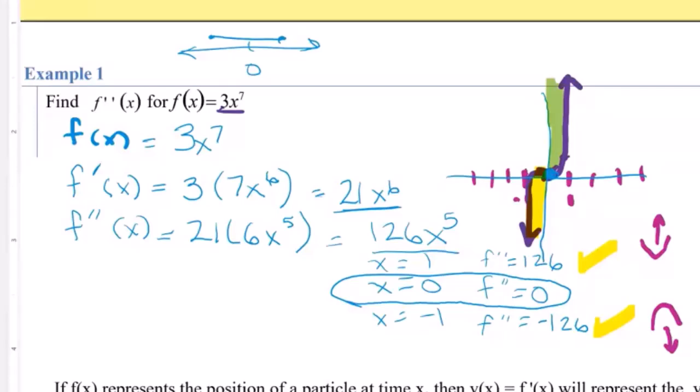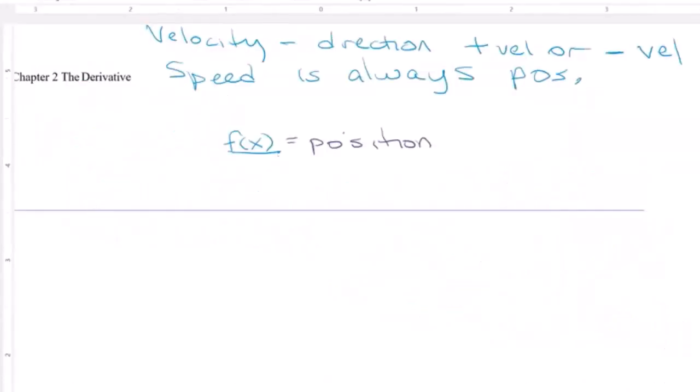So since we're talking about the derivative in terms of velocity and speed and distance and acceleration, what I'm going to do is I'm going to say, when do I know I'm going faster?